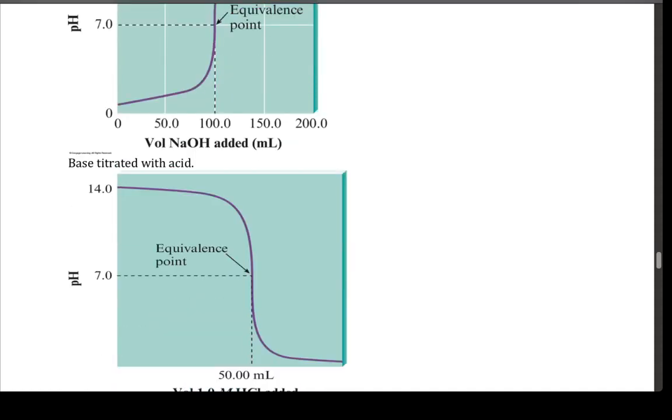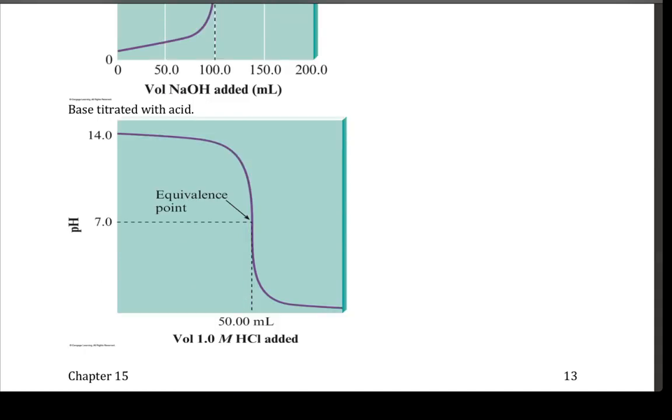Now picture the other situation where we have NaOH in our flask at the bottom, and HCl in the burette. So we're adding the HCl to the NaOH and measuring the pH in the flask. It starts with a large number, because we have a base, NaOH, and we gradually add the HCl.